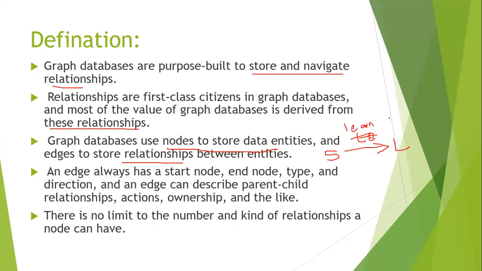So this learn is a relation between student and lecturer. An edge can describe parent-child relationships, actions, ownerships, and like that. Based on these relationships only, we are going to design a graph database.